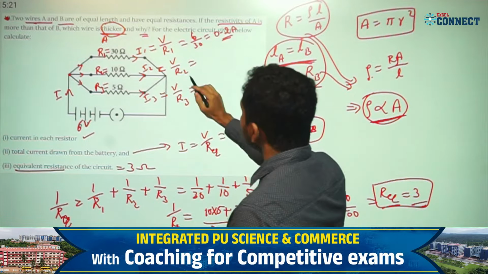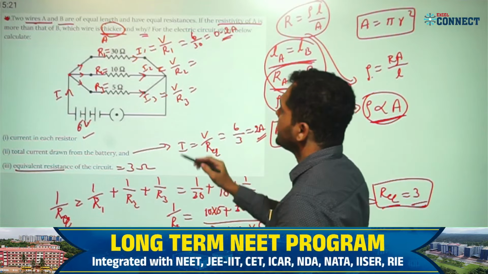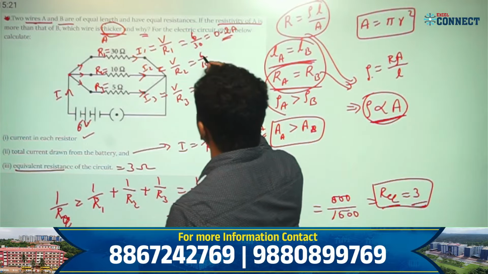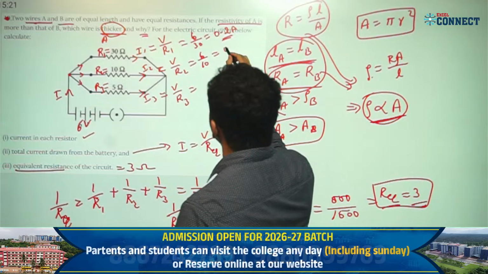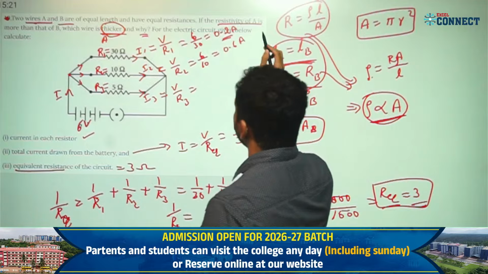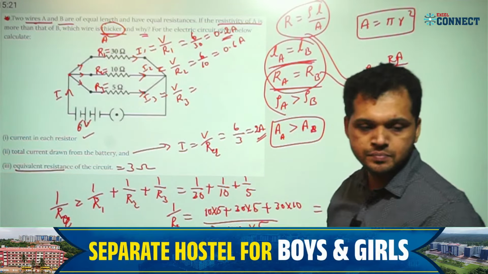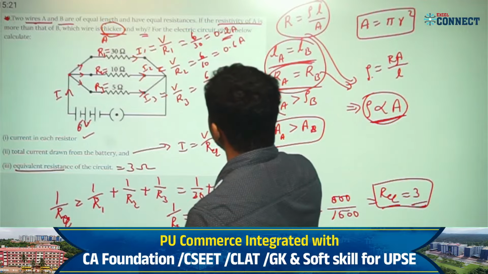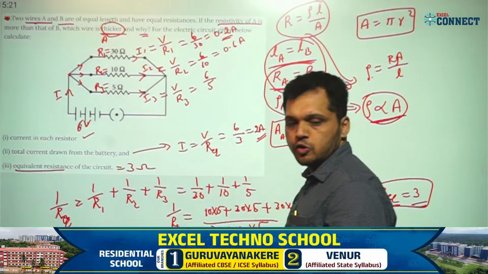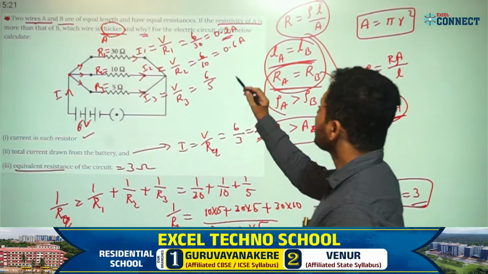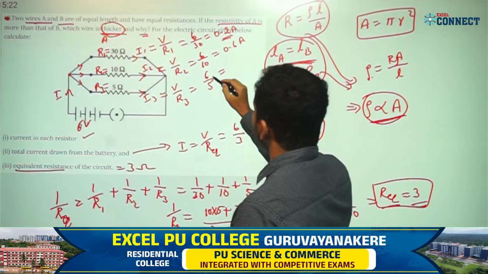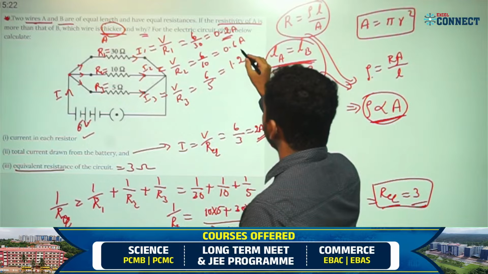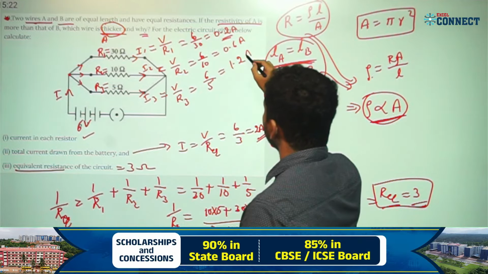Next V by R2, 6 by 10, how much? 0.6 ampere. Next V by R3, 6 by 5, how much? 1.2 ampere.